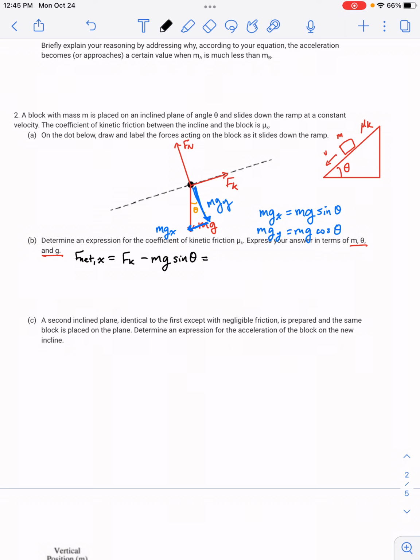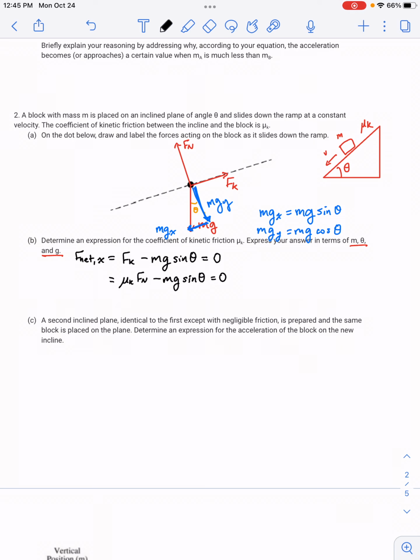And this thing is moving at a constant velocity, so this would be equal to 0. Remember, the right side of this equation would be m times a, and a in this case is 0. We can replace Fk with the coefficient of friction times the normal force, minus mg sine theta is equal to 0.